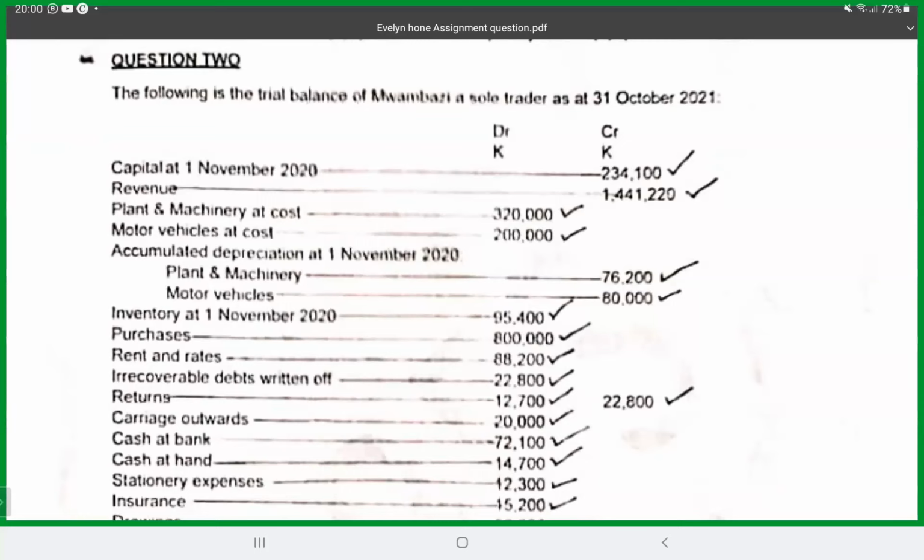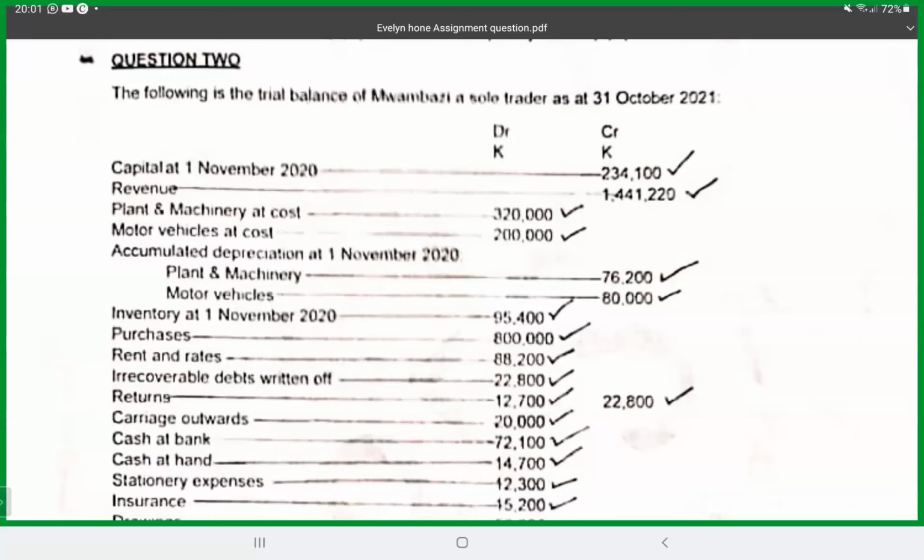How much was the accumulated depreciation for the motor vehicles? It is there on the trial balance. Are you able to see the motor vehicles at cost? 200,000.